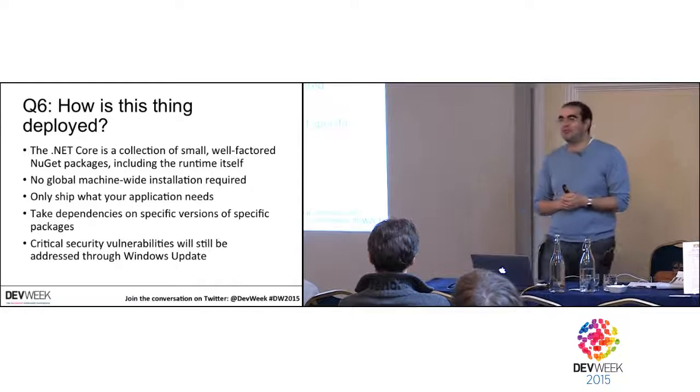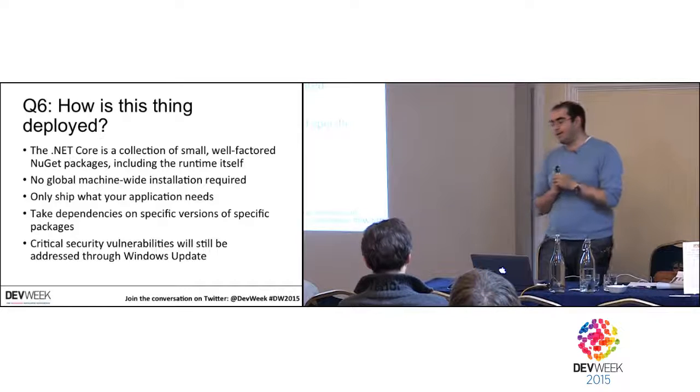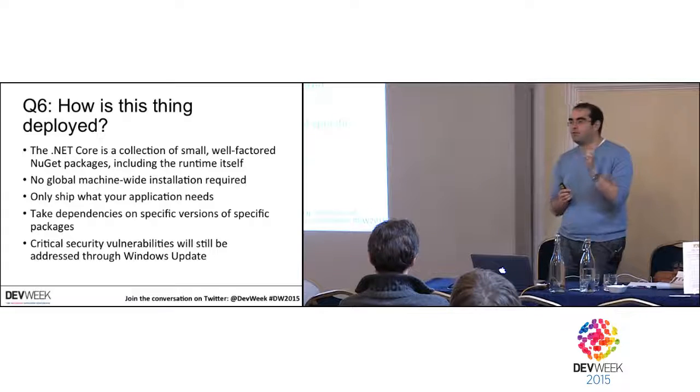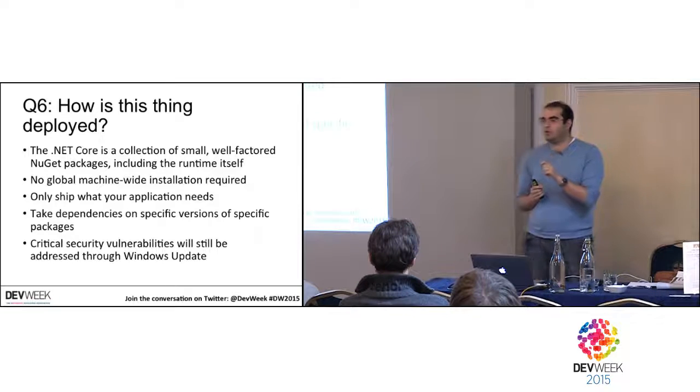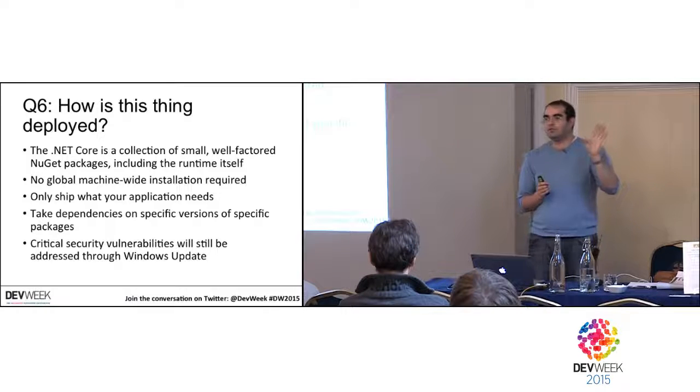So the .NET Core is now, and will be, a set of small NuGet packages. And I mean small. So not a NuGet package for LINQ and TPL and parallel LINQ and Entity Framework combined. I mean a NuGet package for collections, a NuGet package for immutable collections, a NuGet package for concurrent collections.